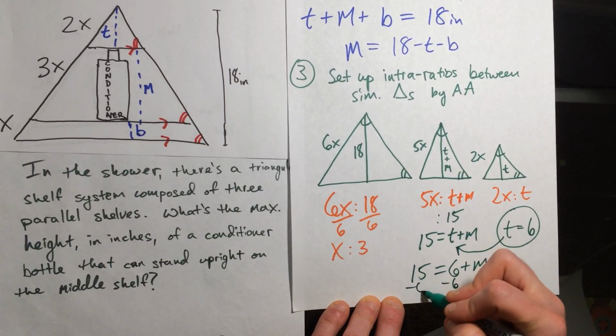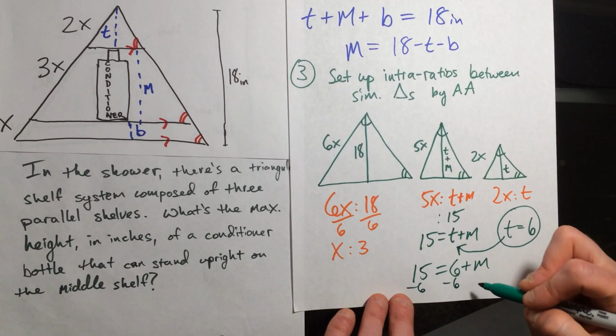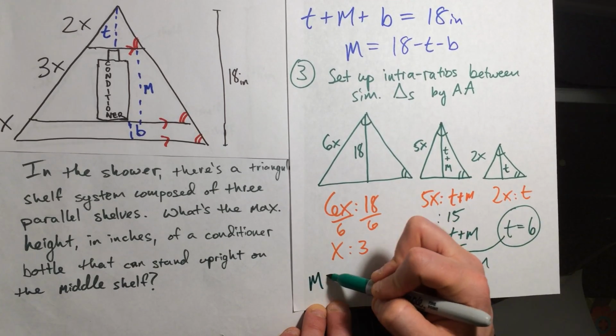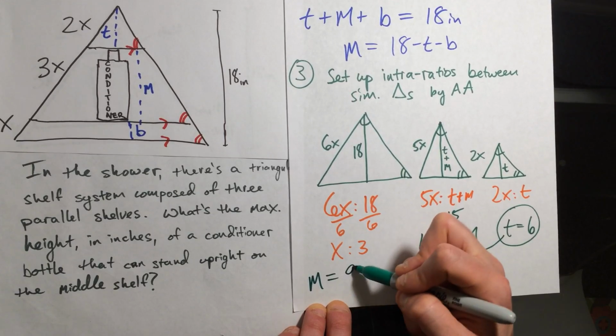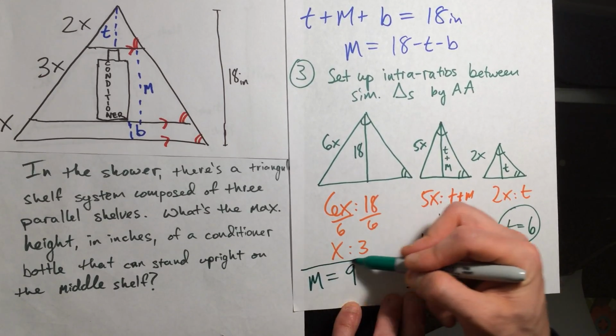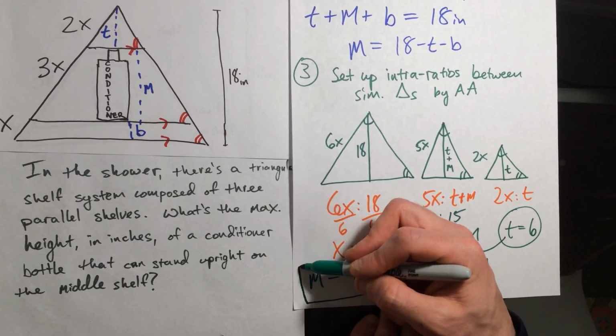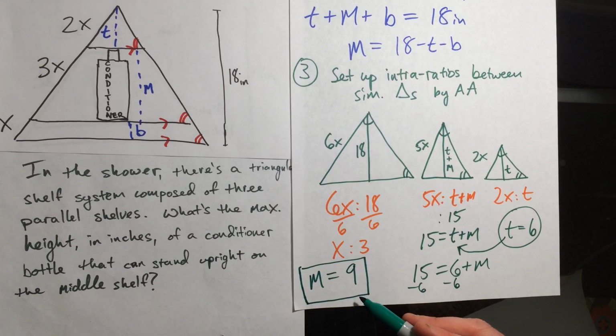Subtract 6 from both sides, and we get that M is equal to 9, or 15 minus 6. It's the answer there for the height.